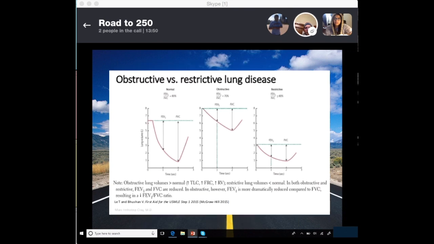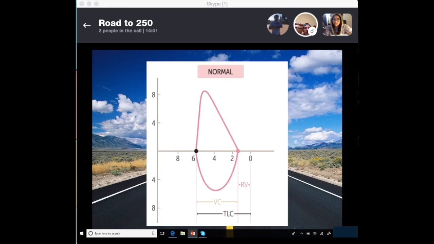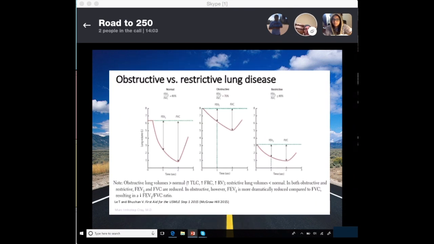However, and actually, this is in my First Aid 2015, but it is not in the new First Aid, or in 2017 at least. So they got rid of this and replaced it with these doodads. But I like this one because this is showing the relationship of FEV and FVC. So we already mentioned that the FVC is the forced vital capacity. This is the amount of air if we take a full breath in and exhale absolute maximally.